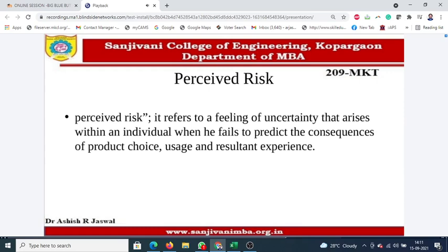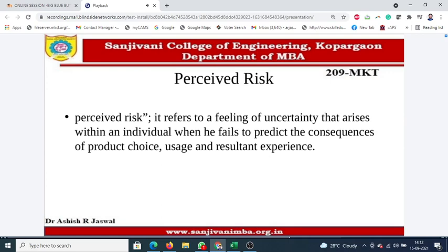Moving forward, let us try to understand the concept of perceived risk. If you look at it, students, while making any choice, while making any purchase decision, and immediately after the purchase is made, the consumer in certain cases experiences uneasiness and tension.